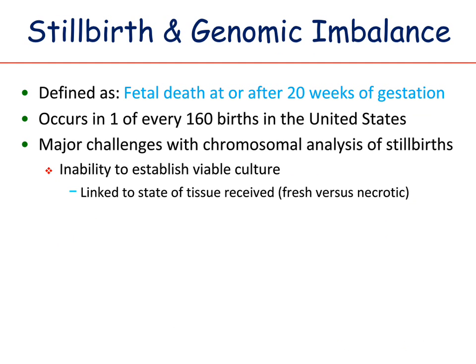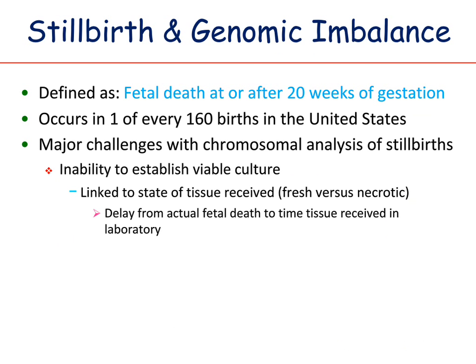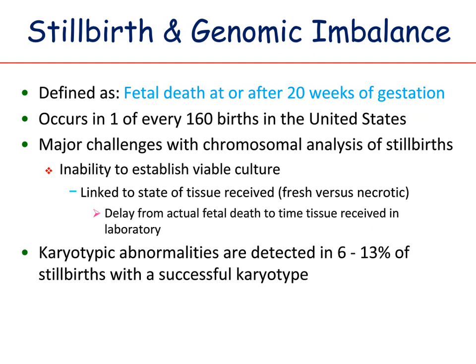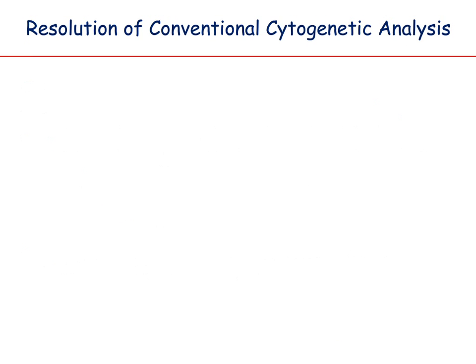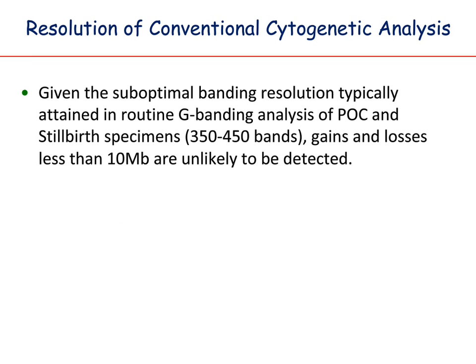And as I said, that is related to the delay from actual fetal death to the time the tissue is received in the laboratory. From previous studies, you've seen karyotype abnormalities detected in 6 to 13% of stillbirths that have a successful karyotype. And very similar to the study that I just described, using SNP arrays in POCs, the same rationale about using the 10 megabase cutoff was chosen.